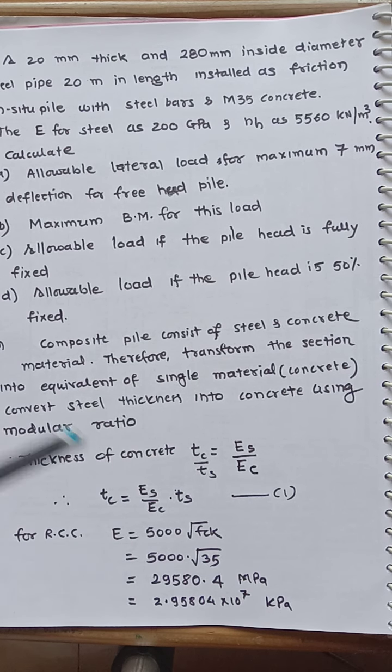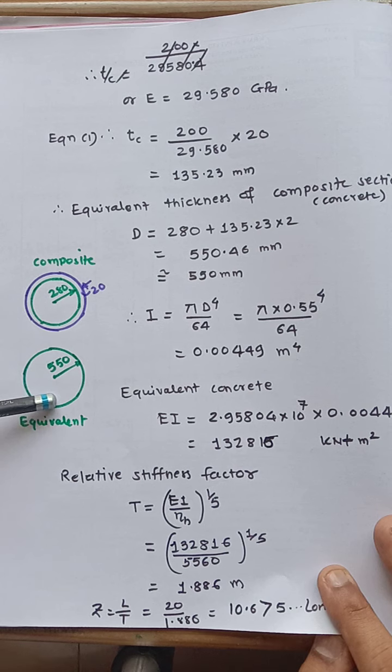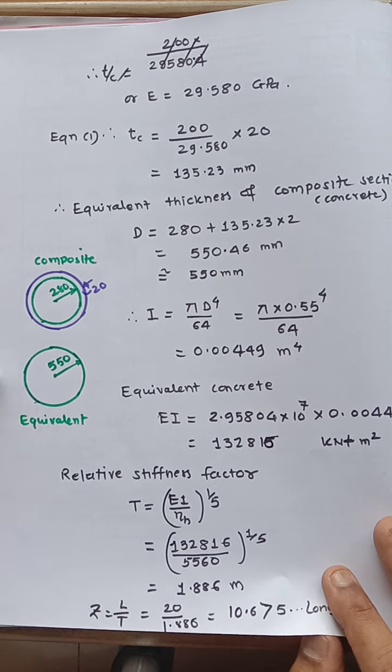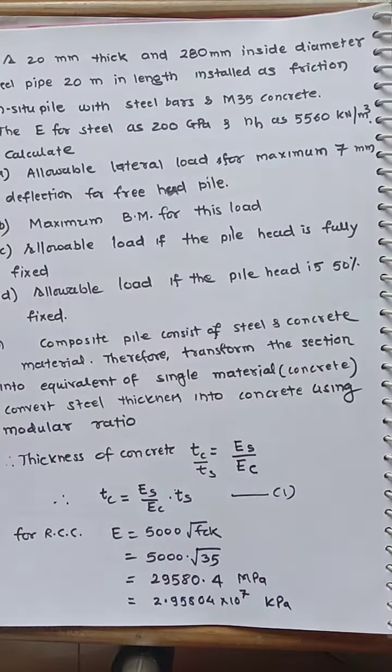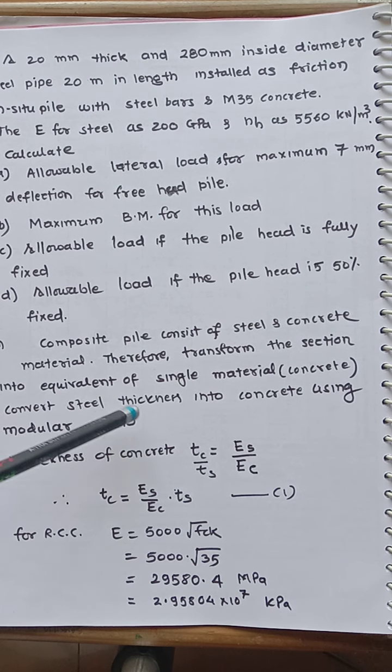Therefore, transform the section into an equivalent single material. It means this composite we can transform into a single equivalent concrete pile. So we are replacing this steel with the equivalent concrete diameter. Convert the steel thickness into concrete using the modular ratio.